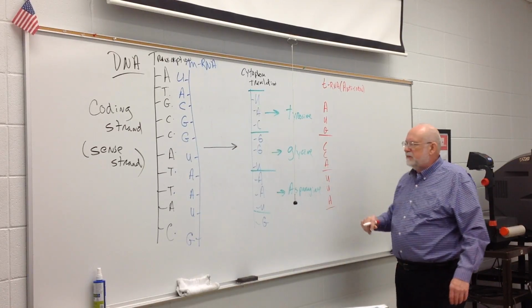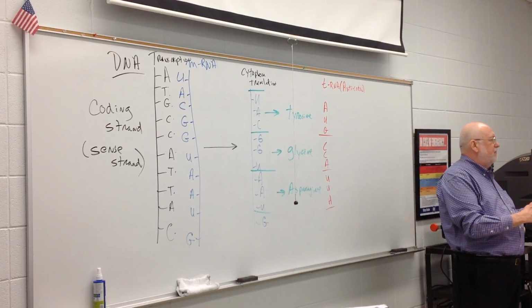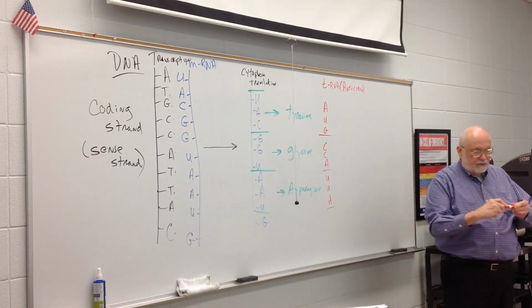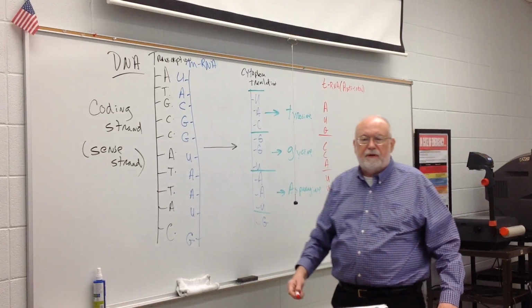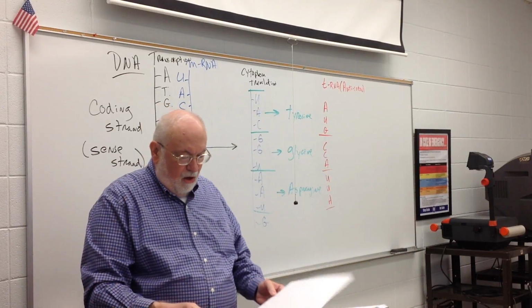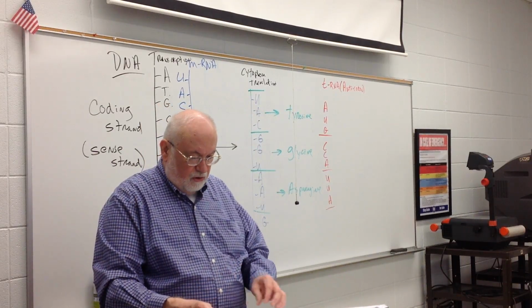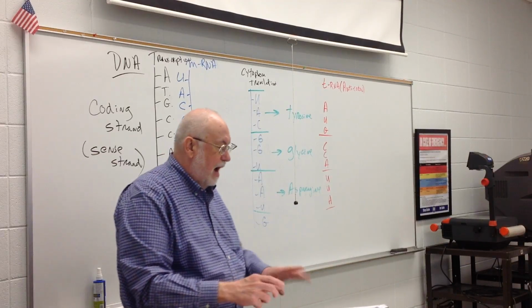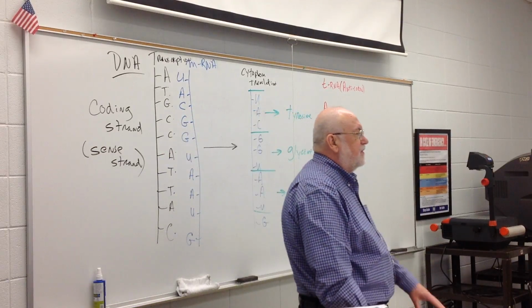UUA. Yes. All right, there you go. So the anticodons on the transfer RNA, remember, are complementary to the codons on the messenger. Okay? All right. Now that's pretty simple, isn't it?